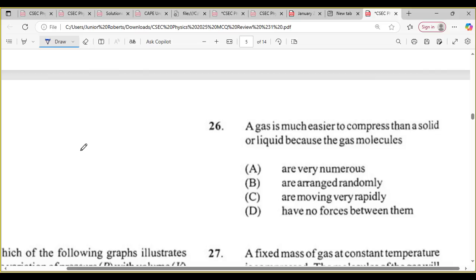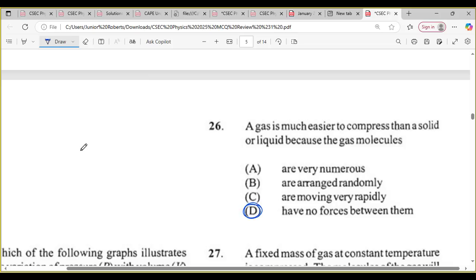The reason we're able to compress a gas much more easily than a solid or a liquid is because of the forces between the molecules. Since the molecules are so far apart, the forces between them are very weak, or we could assume negligible. So therefore, our answer in this case would have to be D.